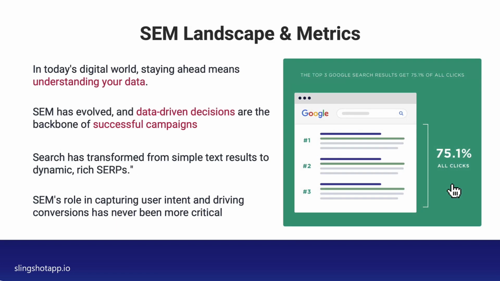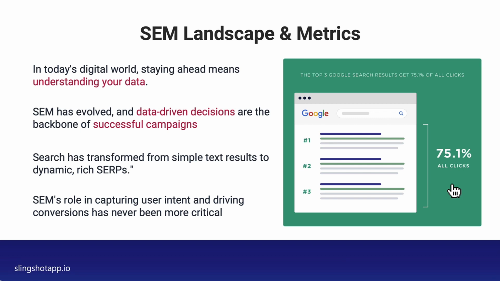Okay, so to understand SEM data analytics comprehensively, it's essential to grasp the ever-evolving landscape of SEM. Once relatively straightforward, search engine result pages, or SERPs, have morphed into almost a battlefield.